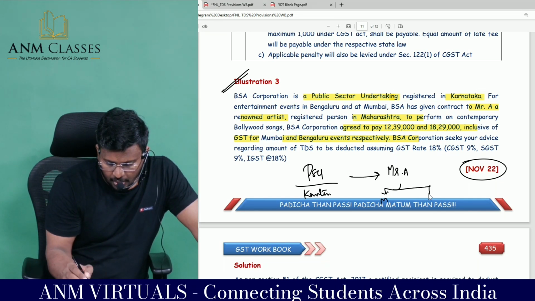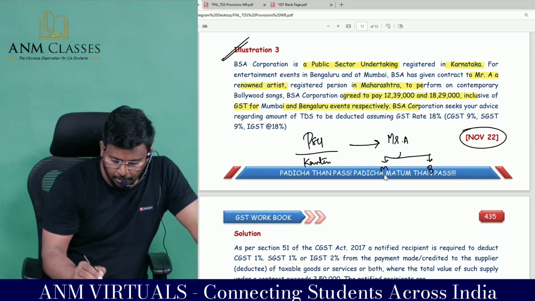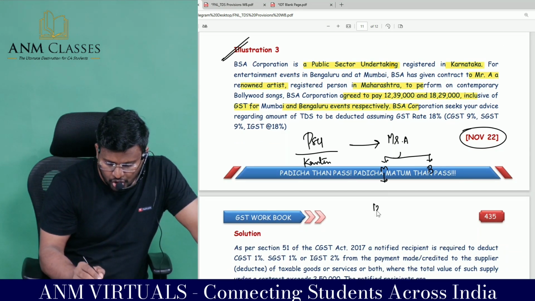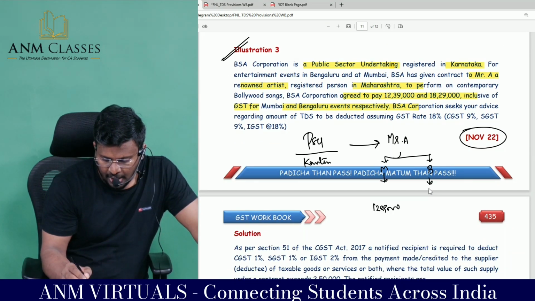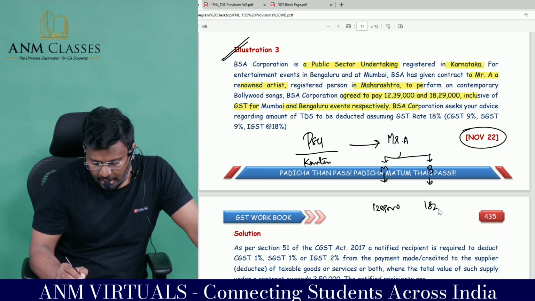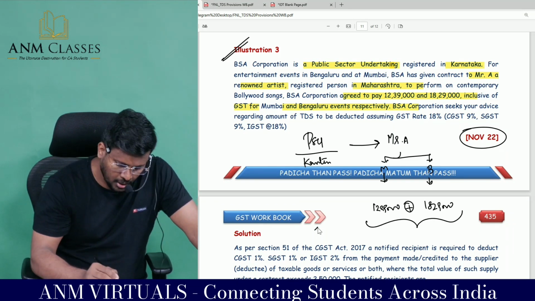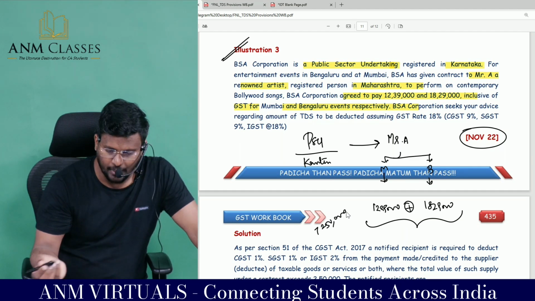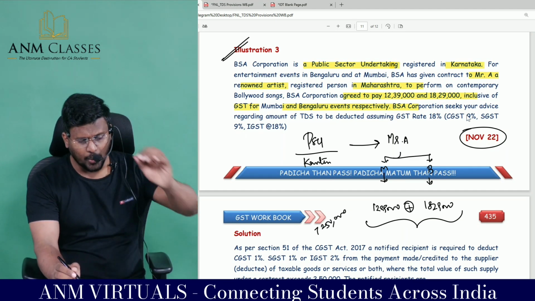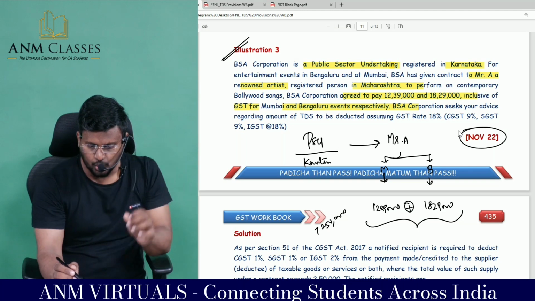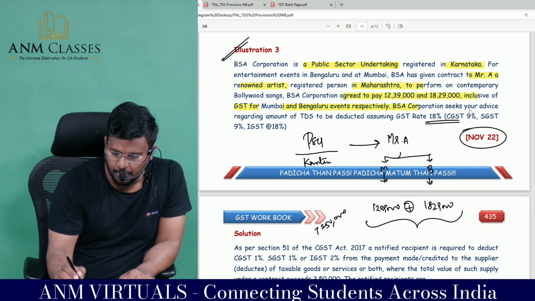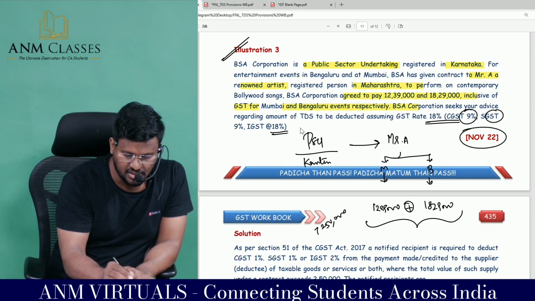Mumbai and Bengaluru. In Mumbai they are paying, including GST, 12,39,000. In Bengaluru, they are paying 18,29,000. Anyway, put together the contract value exceeds 2,50,000. BSA Corporation seeks your advice regarding the amount of TDS to be deducted, assuming GST rate at 18%: CGST 9, SGST 9 and IGST 18.